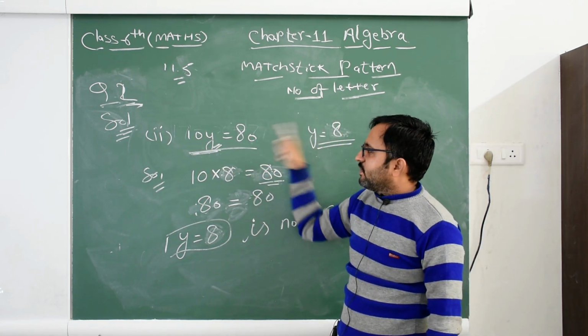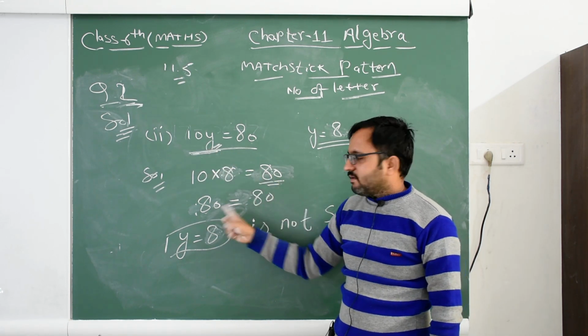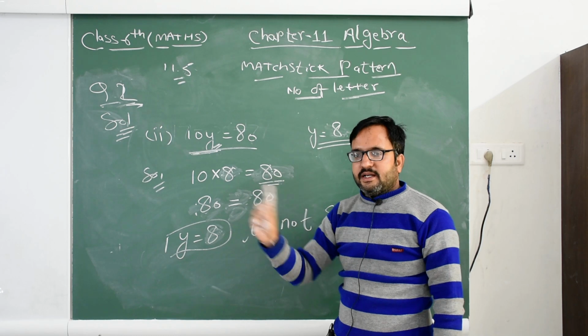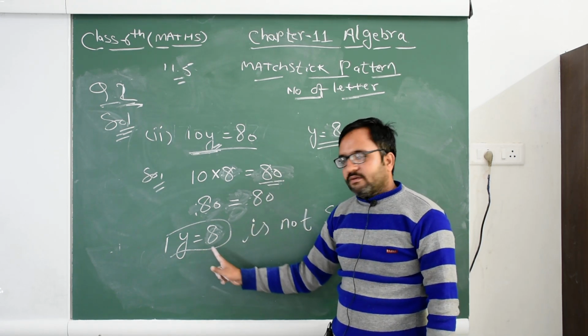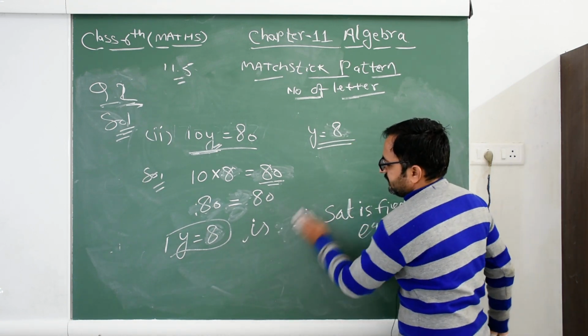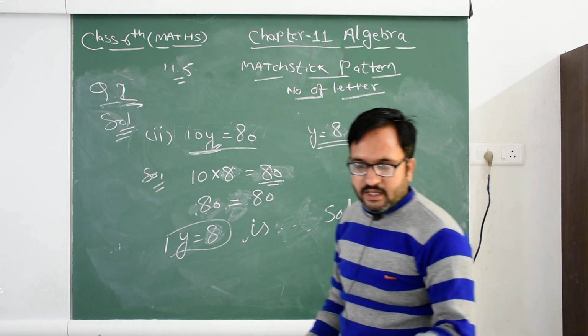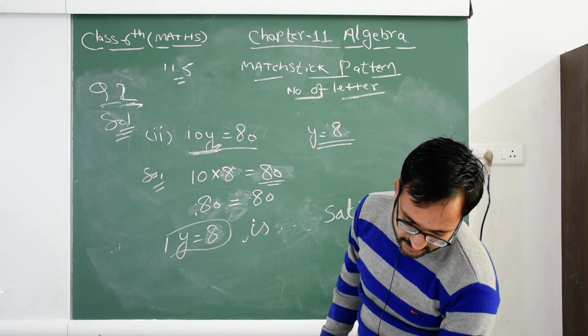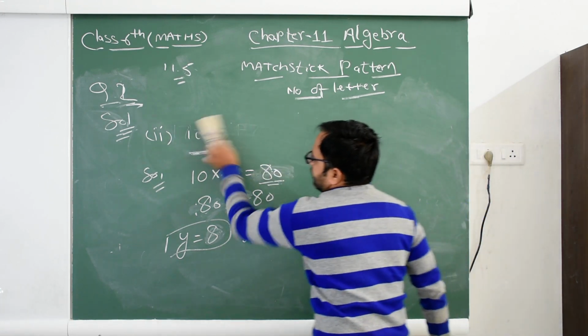If we put the value of y, both sides are equal, LHS and RHS, so we can say that y equal to 8 satisfies the equation. Your answer will be yes.